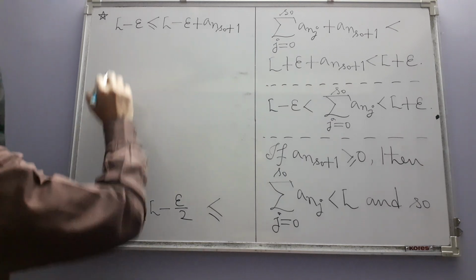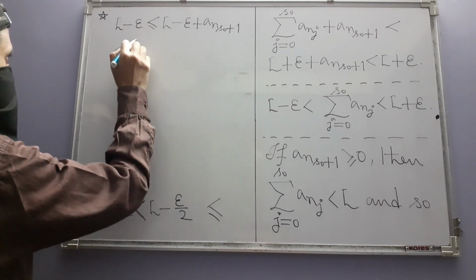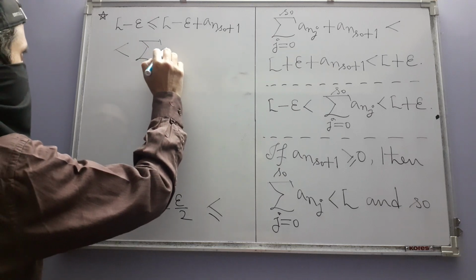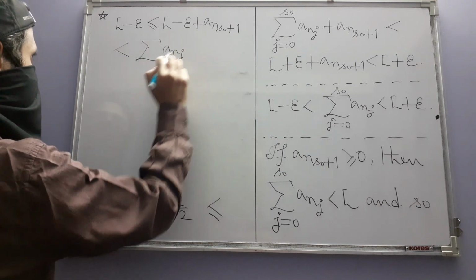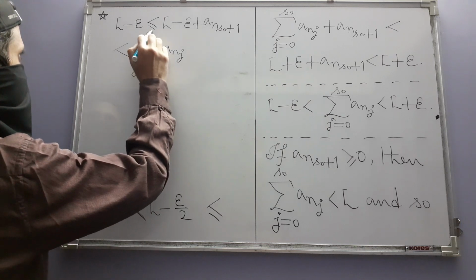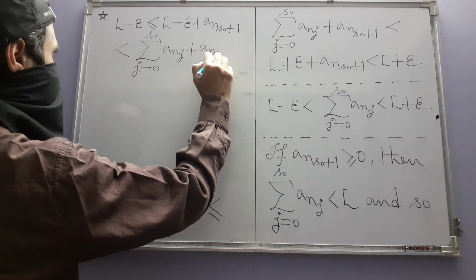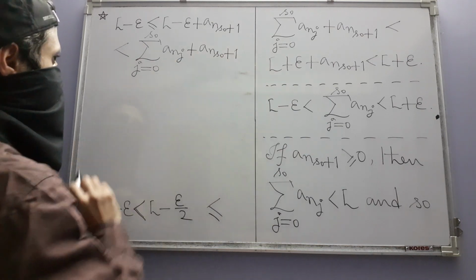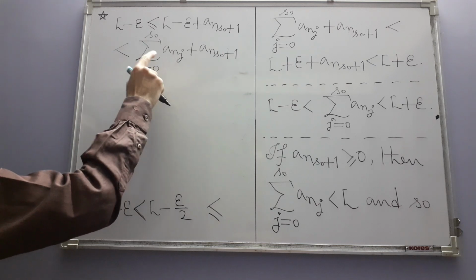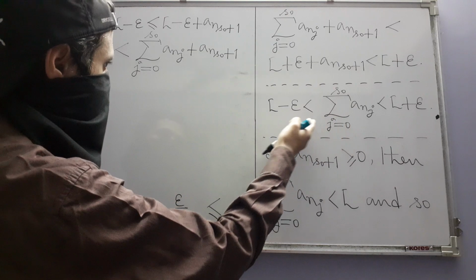And this is less than the summation a n j, where j varies from 0 to s naught, plus a n s naught plus 1. Now this inequality, this step is coming directly from there.